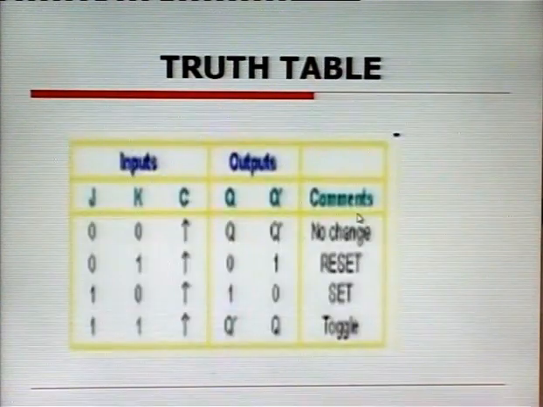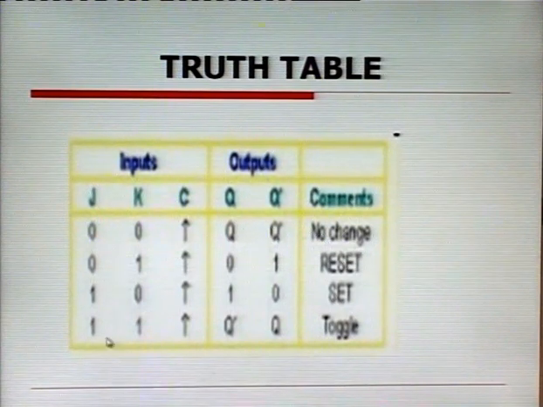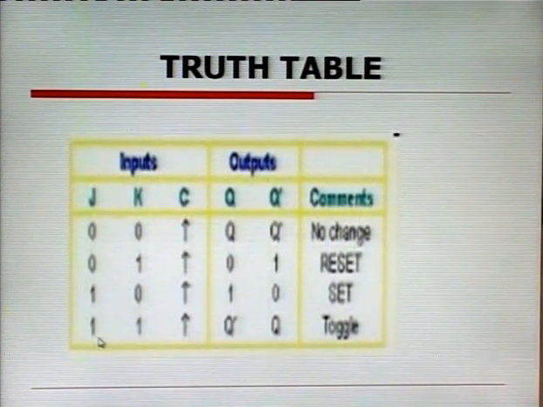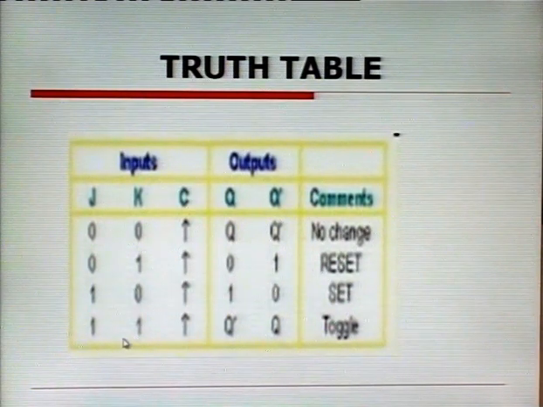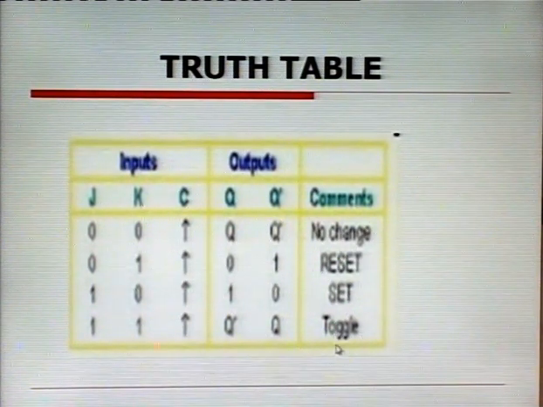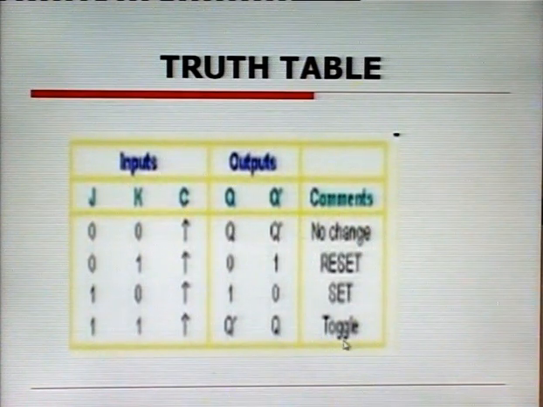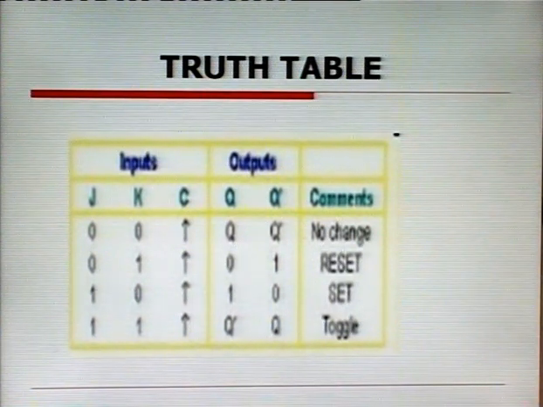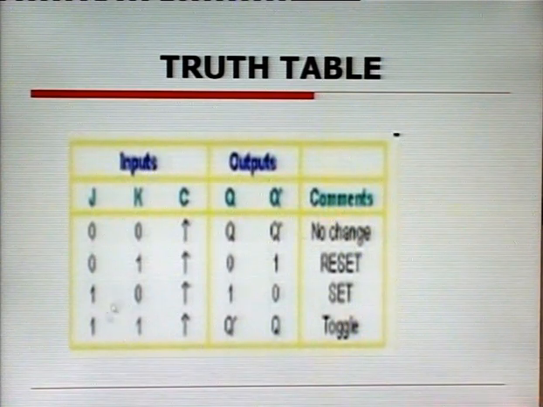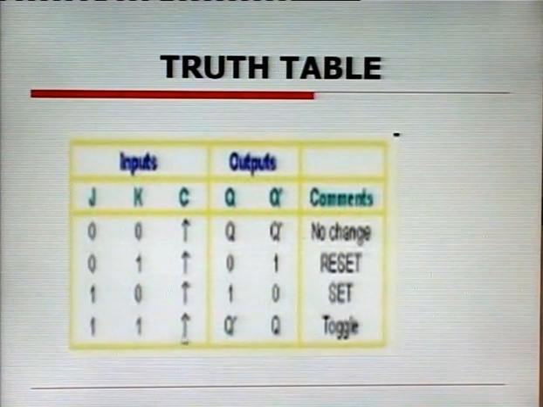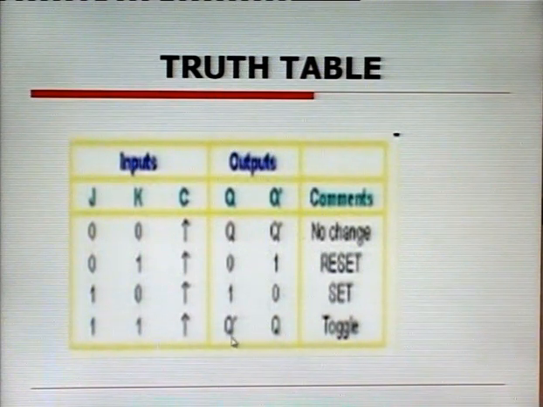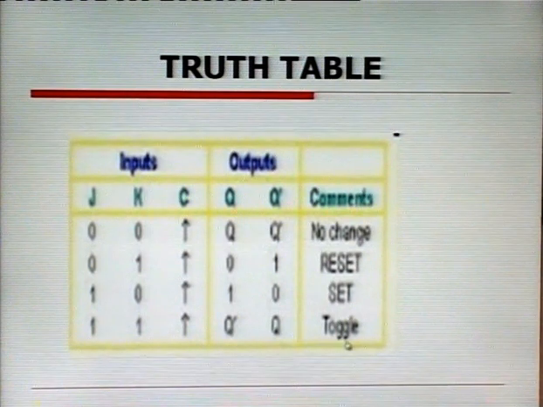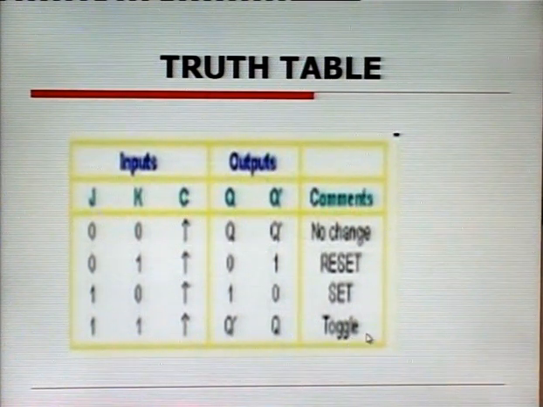In this case, you see in the truth table, the condition of both inputs J and K being one is not forbidden, but it is called the toggling mode. This toggling mode is very important in the digital circuit applications of flip flops, like in counters and timers. So when both inputs of a JK flip flop are kept high and a clock pulse arrives, the output of the JK flip flop changes its state, and this mode is called the toggling mode.